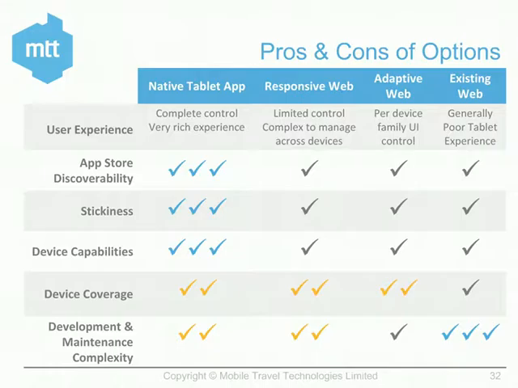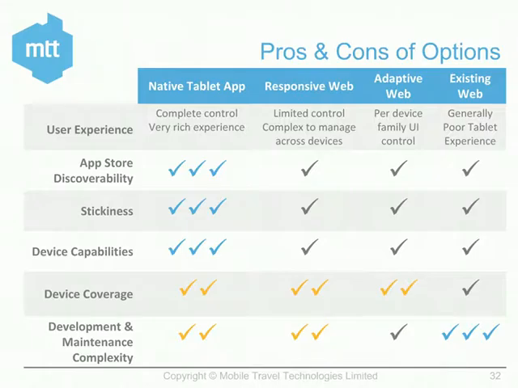It doesn't get you in the App Store, or if you do some sort of wrapped solution, it gets you in the App Store, but it's a very poor solution for the user because they have an expectation of a native app if they go to the App Store. So we wouldn't generally recommend that, because you really do need to design, and if you're seeing large numbers of customers coming in on a tablet, you really should be considering, well, what is it they need, and doing something that meets their needs.